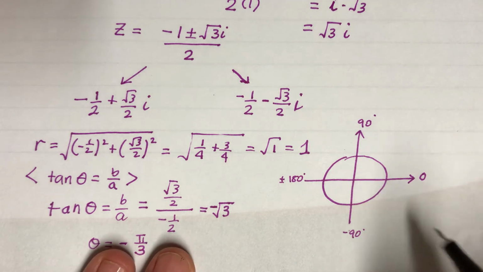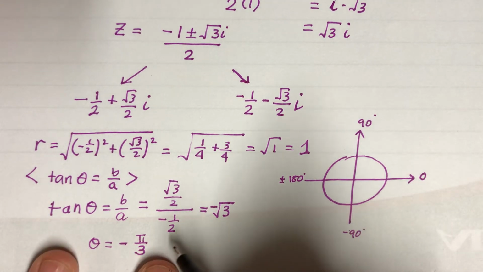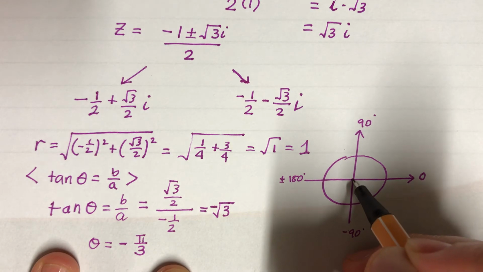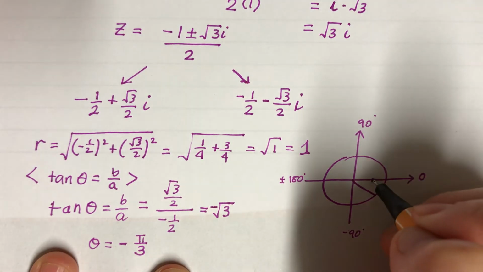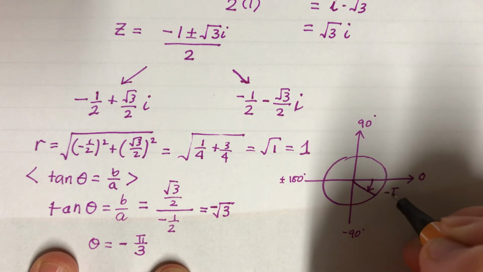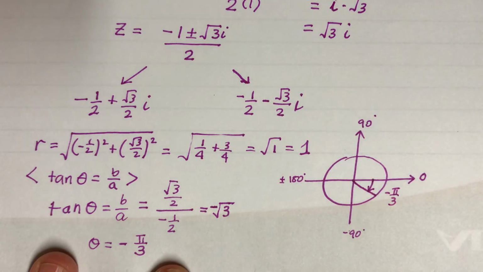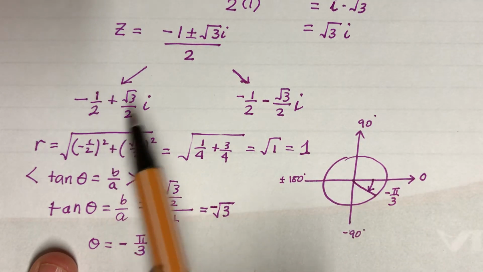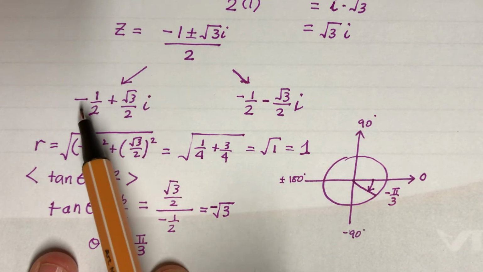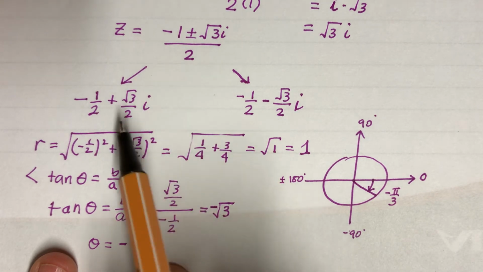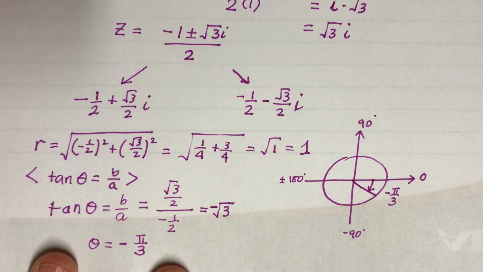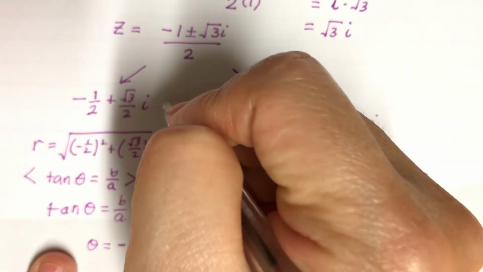Now, with this, we've got minus pi over, okay, but what happens here, we have to remember this one is z equals minus half plus root 3 over 2 i. Now, where is this quadrant, guys? This one is what?